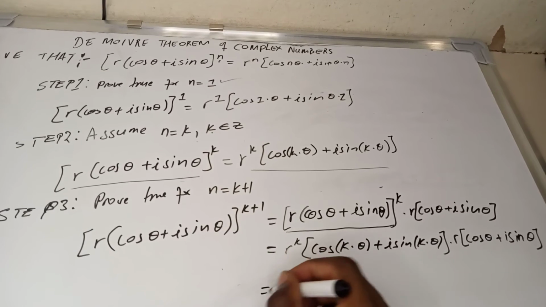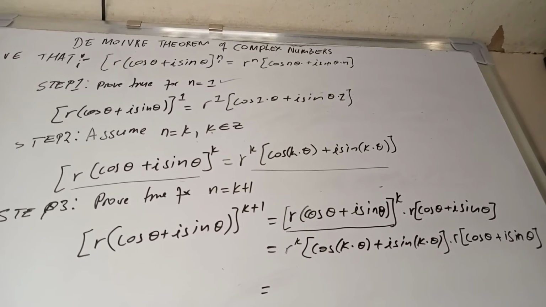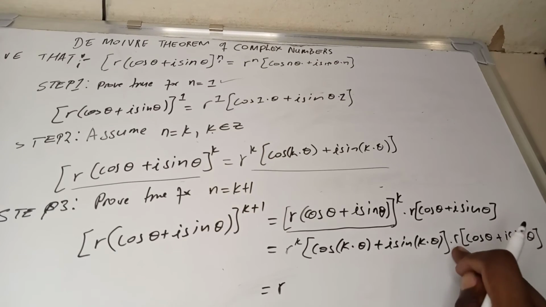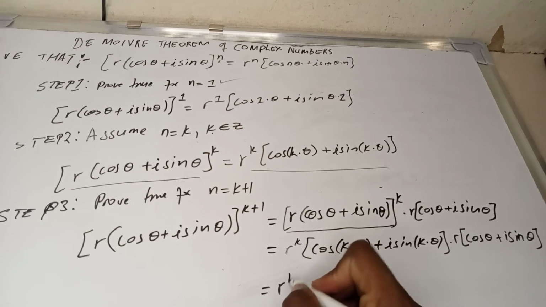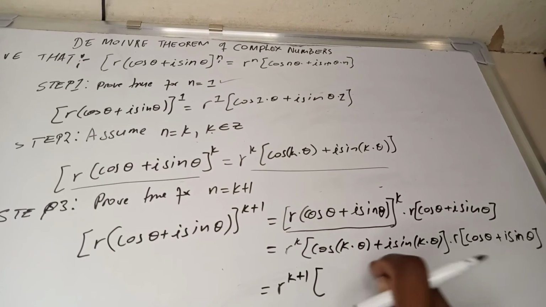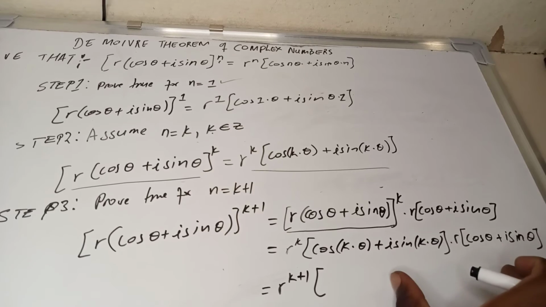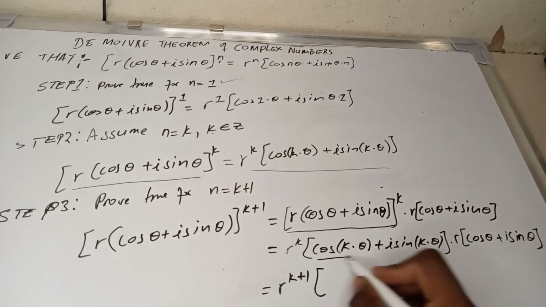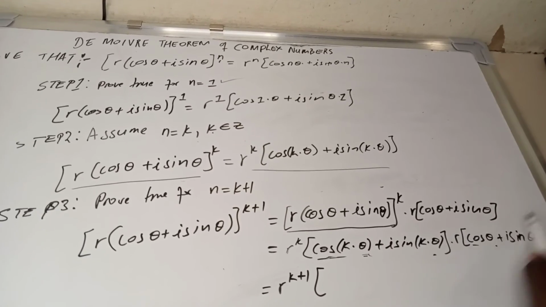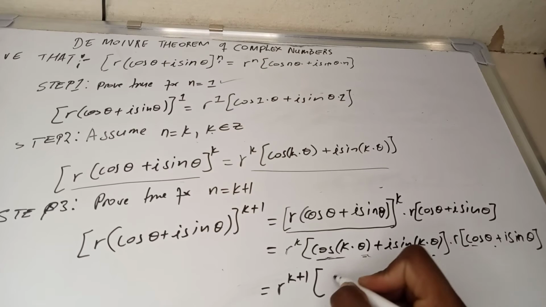So this is then equal to, okay, let's check now. r times r to the power k is going to be r to the power k plus 1. Then these two are going to multiply each other: this is going to multiply this, and this is going to multiply that too. This term will multiply all this, and this term will multiply all that. So let's write that down.